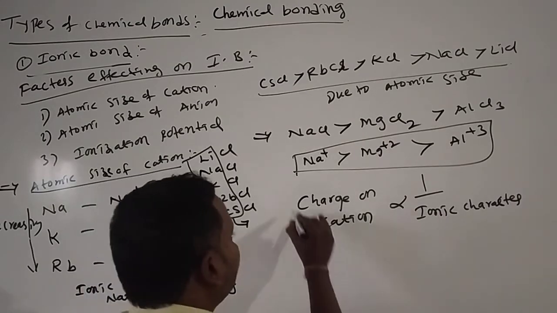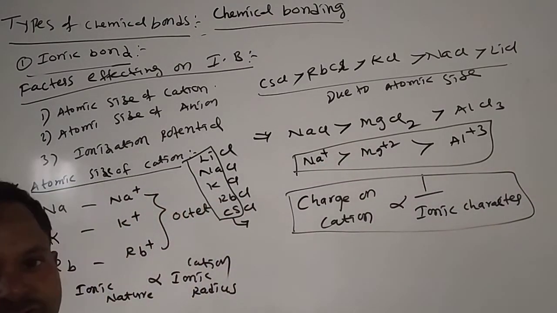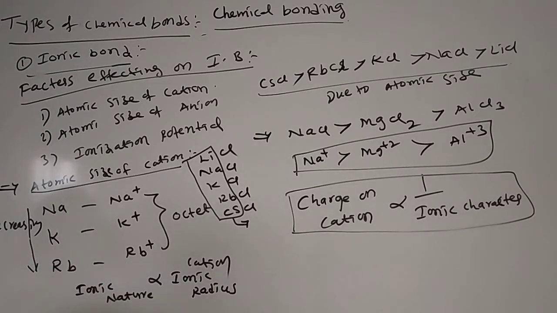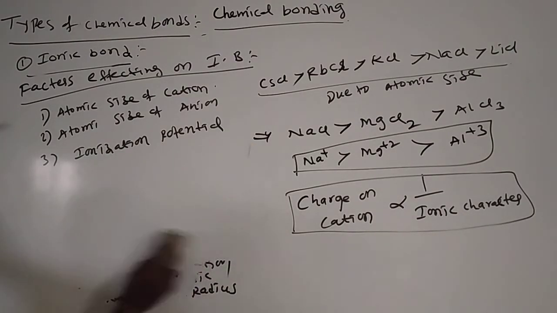This is one more principle. Remember this principle. From this they ask one question at NEET level, KCET level, or CET level. This is the size of the cation. Next in continuation, we will see the atomic size or ionic size of the anion.